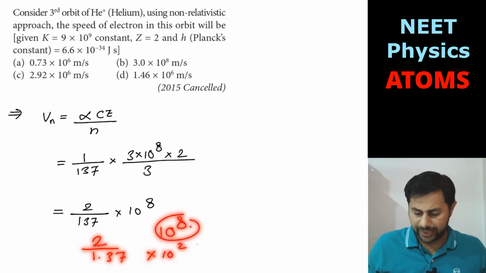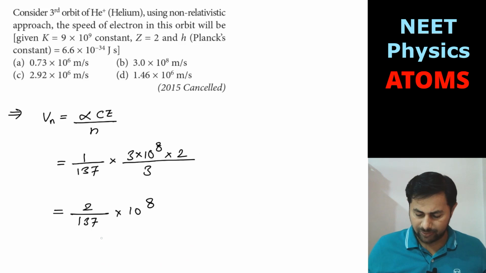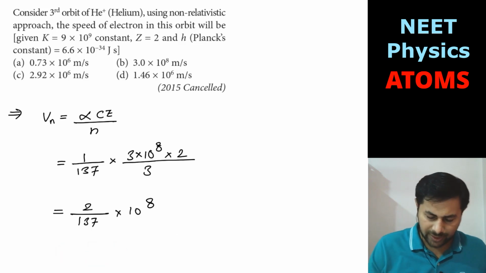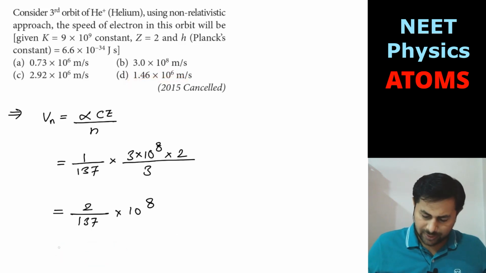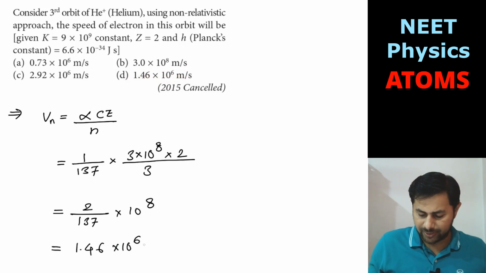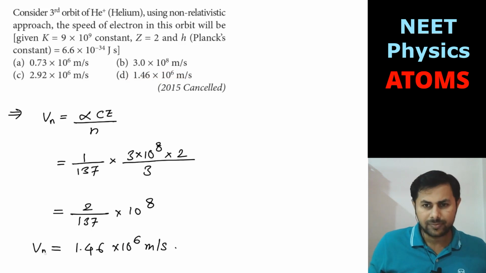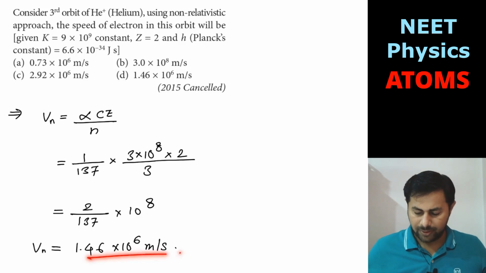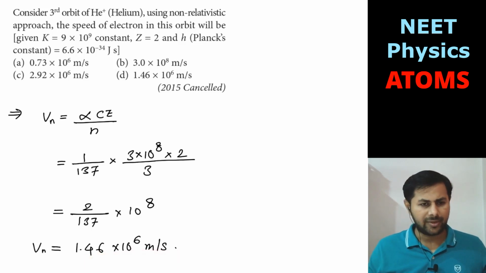So 10 raised to 8 divided by 10 raised to 2 is 10 raised to 6, right? 2 by 1.37 is how much? 1.4 something into 10 raised to 6, right? So it should be option D, I guess. 1.46 multiplied by 10 raised to 6 meters per second. Okay, this one is clear. It's a direct formula, right? Alpha times CZ divided by n.